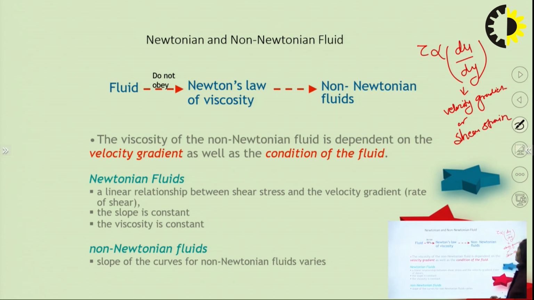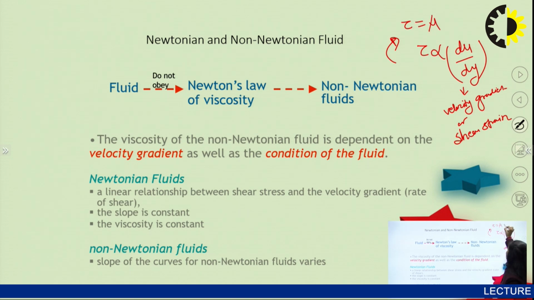This equation is called Newton's law of viscosity, and you can see there is no term of viscosity. Now this will be solved further, like tau will be equal to mu du by dy.